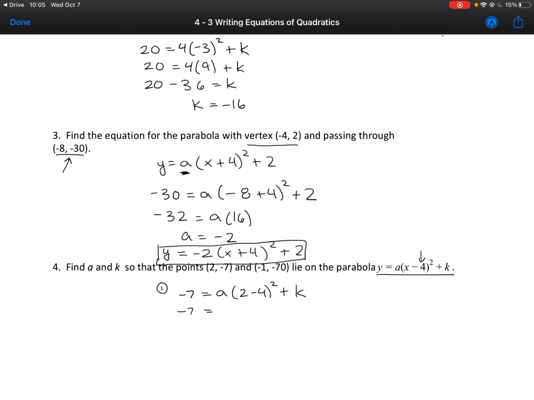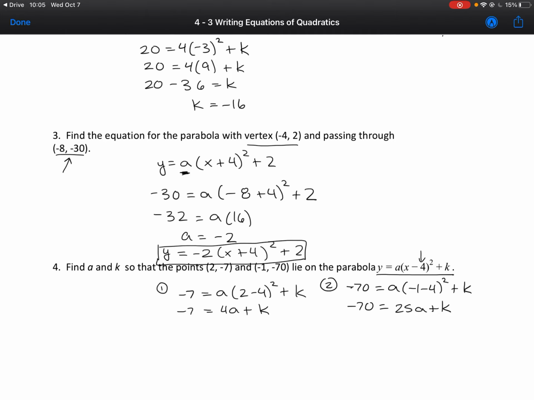Now I'm going to simplify as much as I can. So I've got 4a plus k. Then I'm going to do the same thing with my second point. Minus 70 equals a times (minus 1 minus 4) squared plus k. Maybe you see where this is going at this point. Minus 5 squared, so 25a plus k.